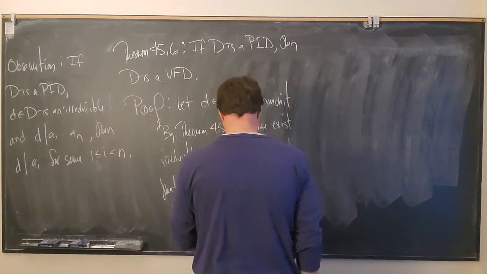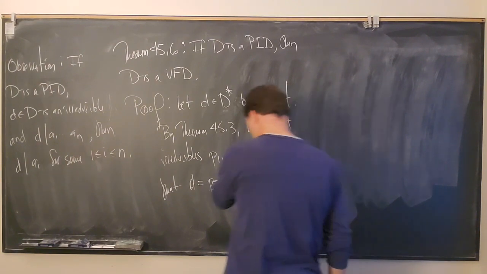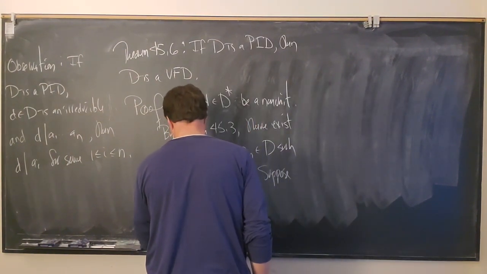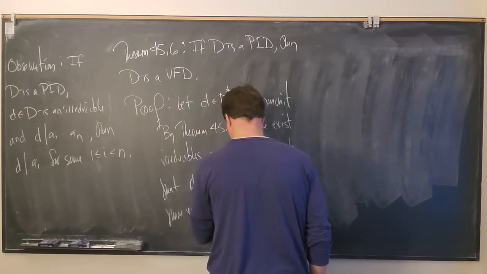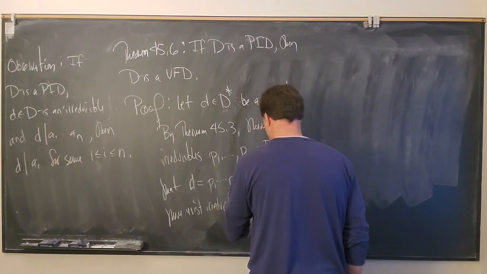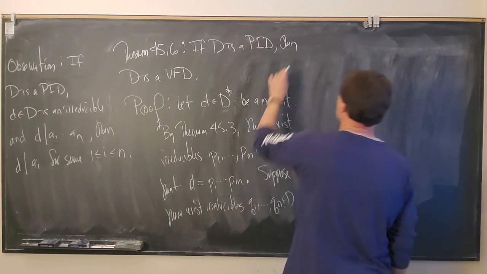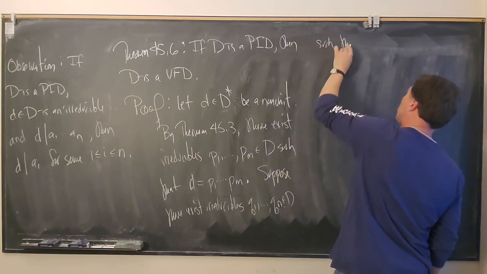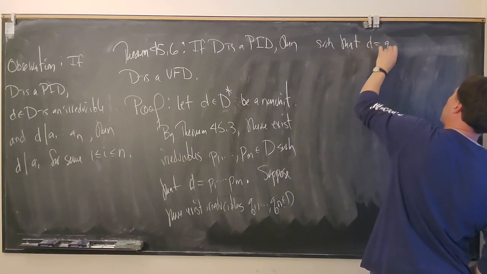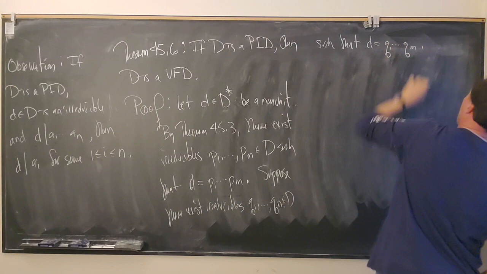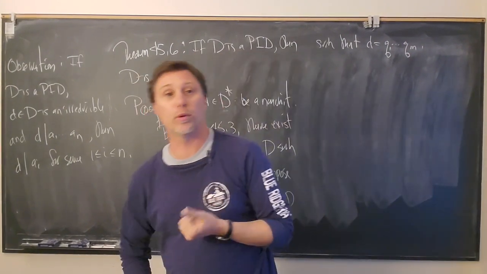All right, so now we're going to do the uniqueness. Suppose there exist irreducibles Q1 up through Q sub n in D such that d equals the product Q1 up through Q sub n. And now this proof is going to look very much like the proof that we did for polynomials.